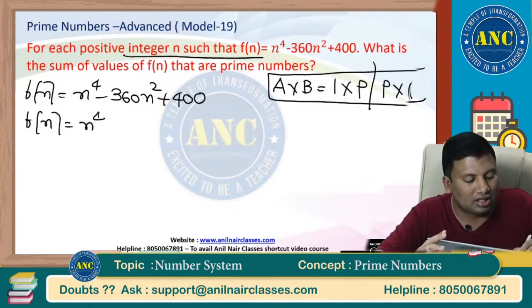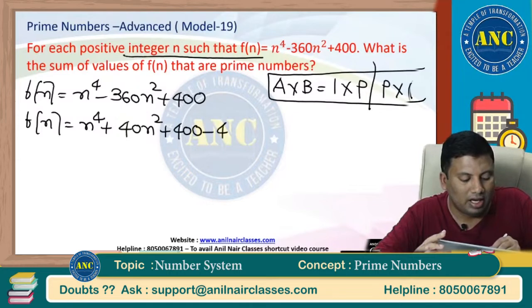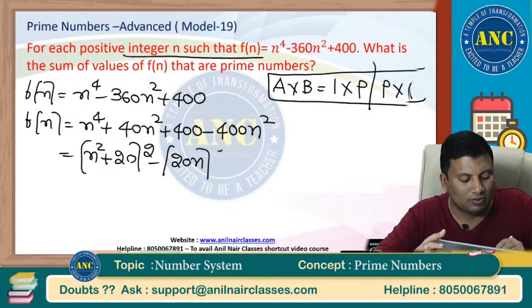So these are nothing but n power 4 plus 40 n square plus 400 minus 400 n square. These are nothing but n square plus 20 whole square minus 20n whole square. Are you all with me?